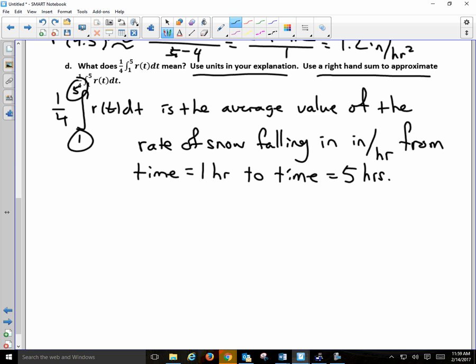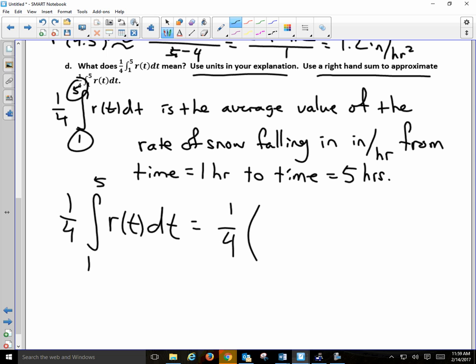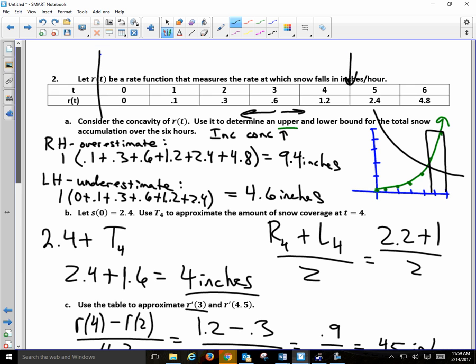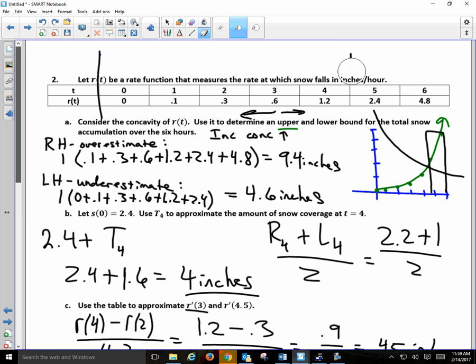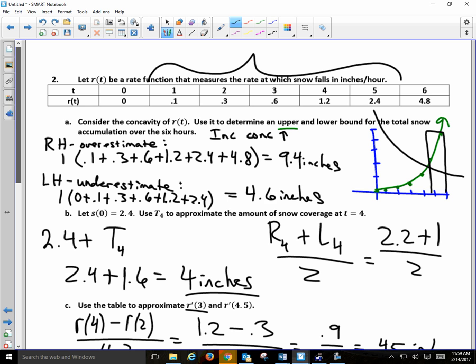Use the right-hand sum to approximate 1 over 4 integral of 1 to 5 r of t dt. So that's going to equal 1/4 times, now we got to look at our interval from 1 to 5. Okay, and am I doing a right hand or a left hand? Right hand. So I start with 2, then 3, then 4, then 5.